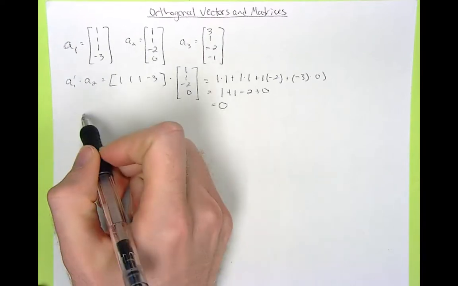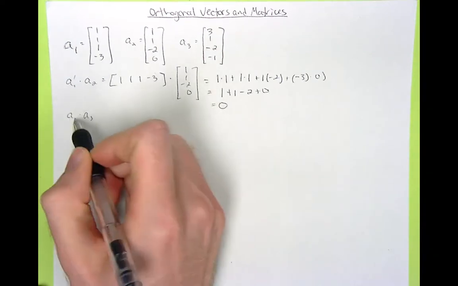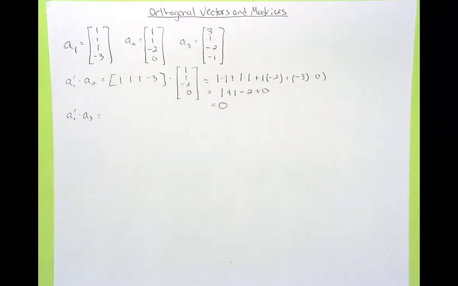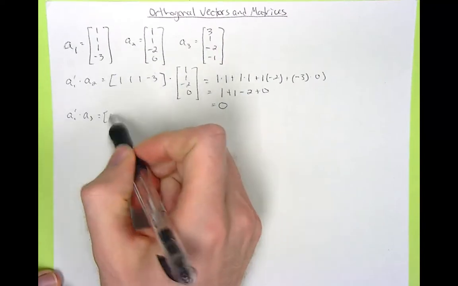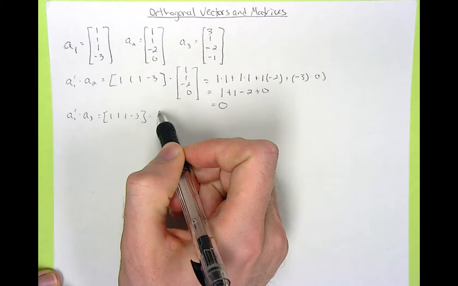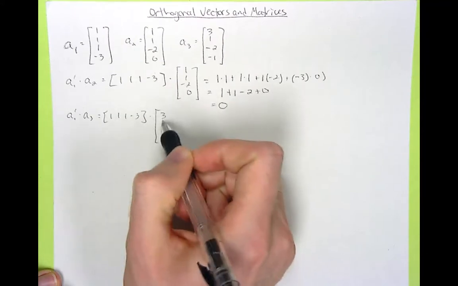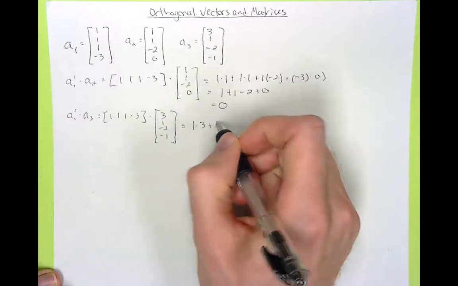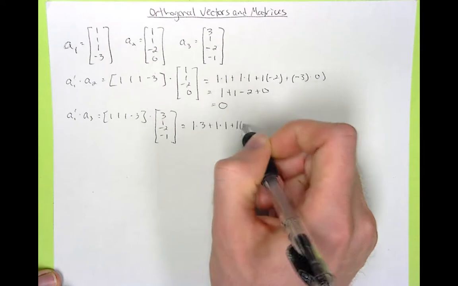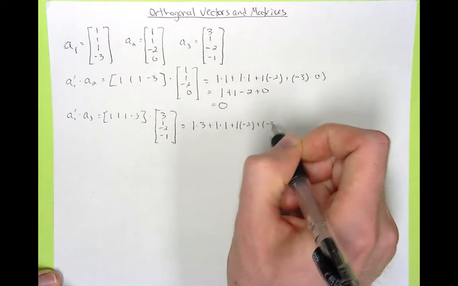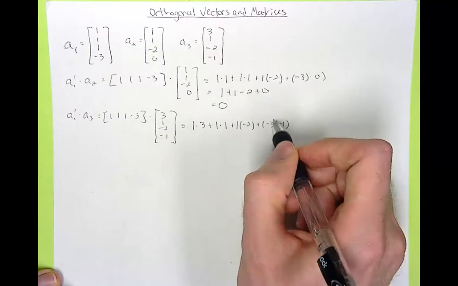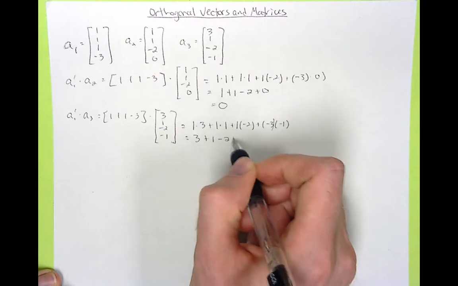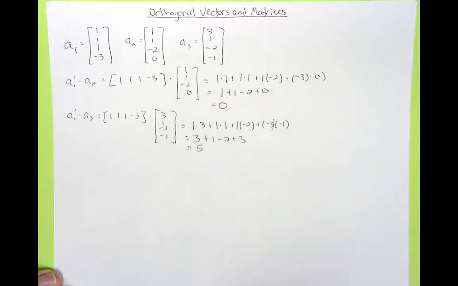So let's take a3 and pre-multiply that by the transpose of a1. So what we get is 1, 1, 1, negative 3, and we're going to multiply that by 3, 1, negative 2, negative 1. And we get 1 times 3 plus 1 times 1 plus 1 times negative 2 plus negative 3 times negative 1, which will equal 3 plus 1 minus 2 plus 3, which you can see equals 5.